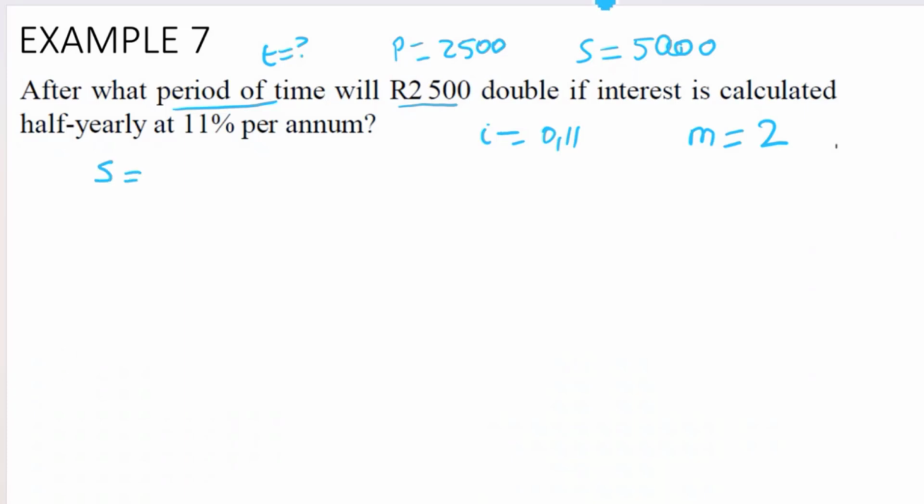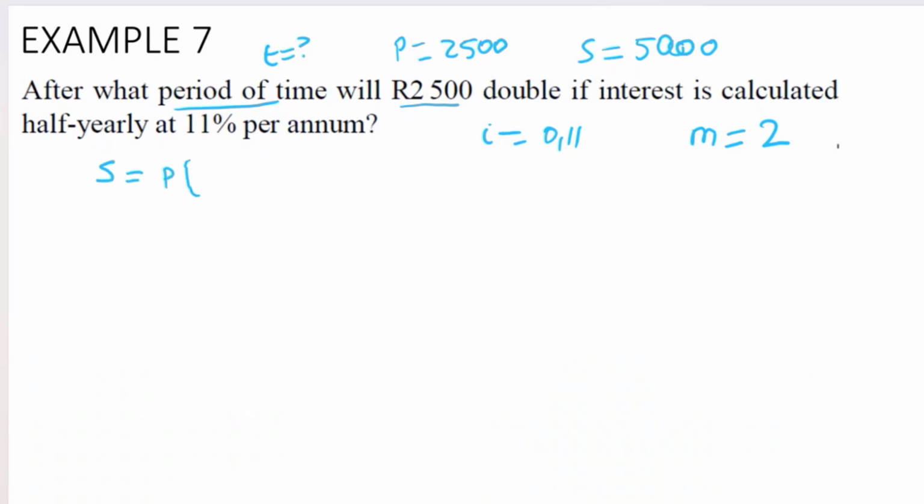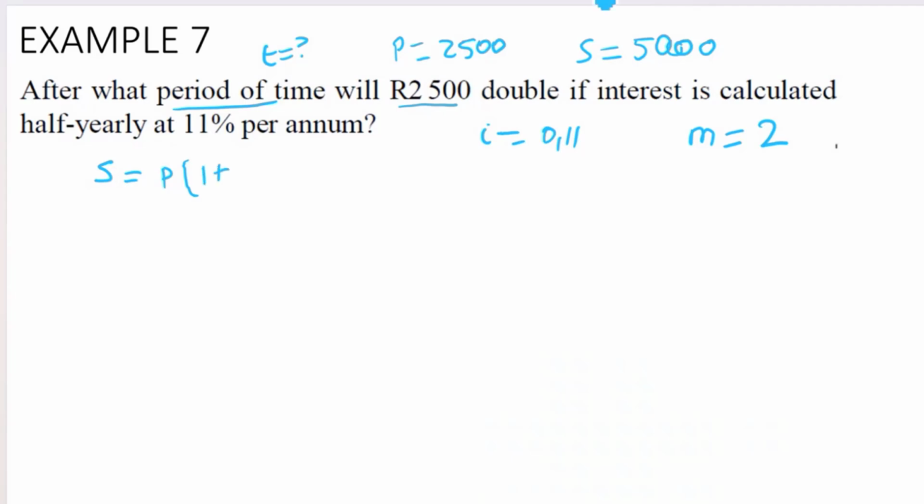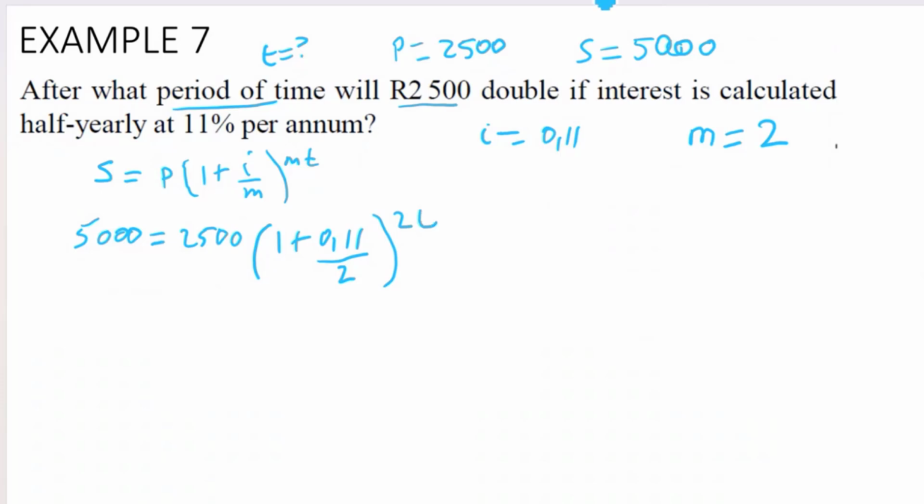So your S is equal to P into (1 plus i over m) to the power mt. You substitute everything into your formula. You're going to have 5,000, your present value is 2.5, into 1 plus your interest 0.11 divided by 2, compounding half yearly, and then your exponent is 2t.